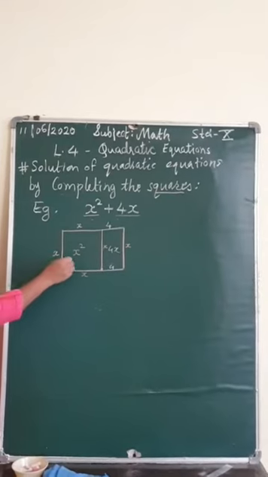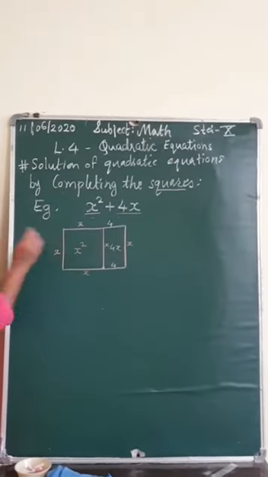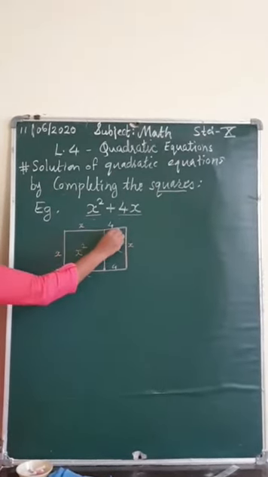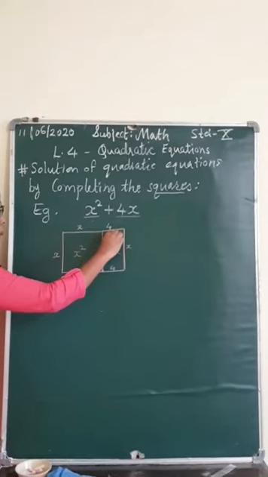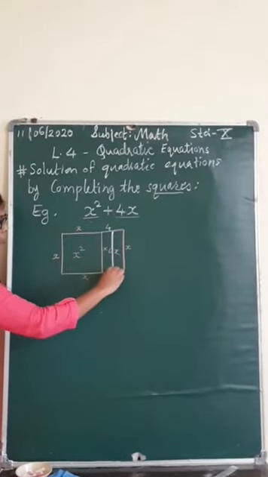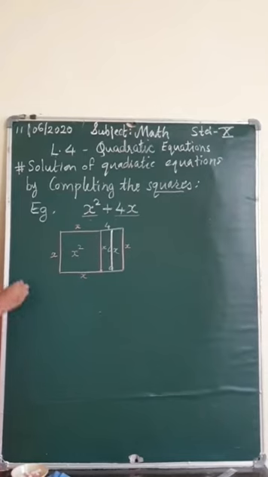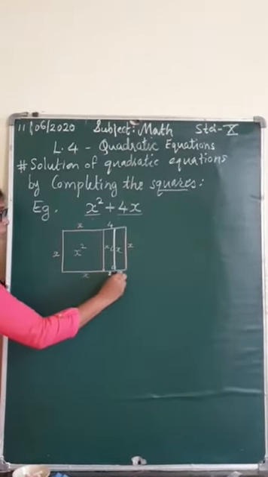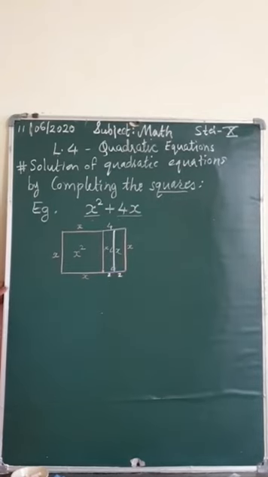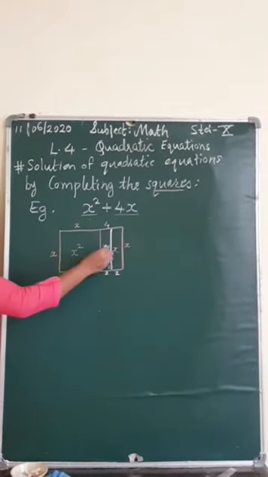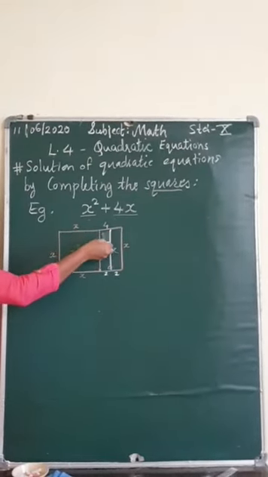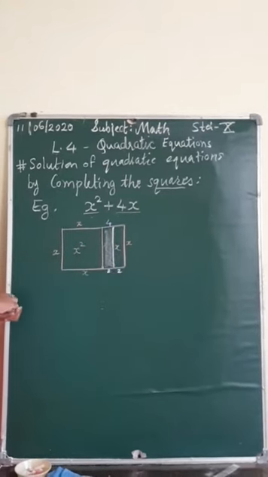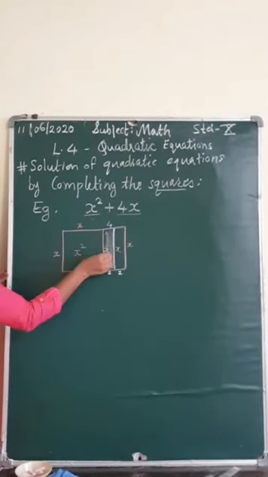Now this can be represented in another form. If you divide this 4x rectangle into two equal parts, then we have here 2 and here 2. So what is the area? This area is 2x.